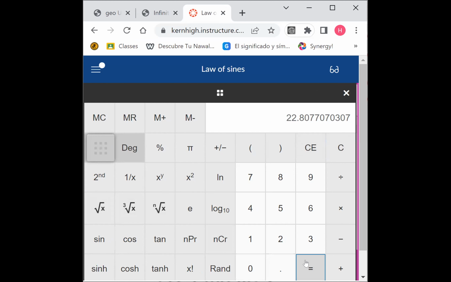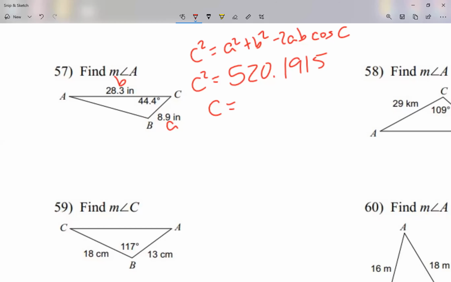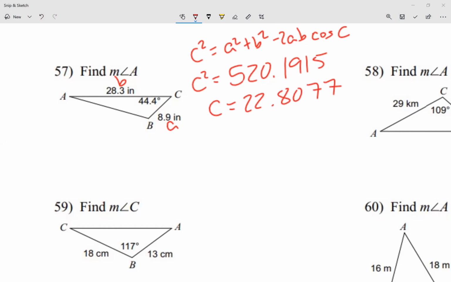So let me go 4 decimal places. 22.8077. Okay, so I have angle C, and side C is 22.8077. I'm not quite done yet.